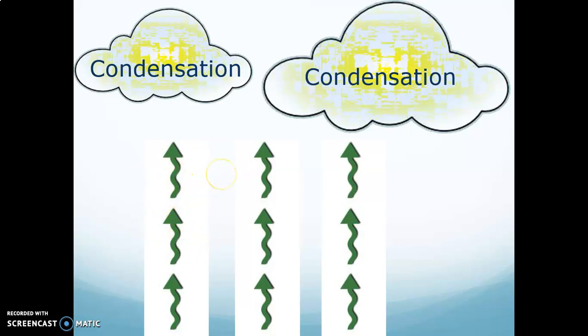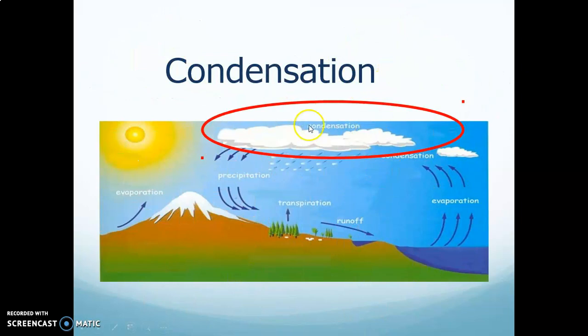When it goes higher and higher to a very cold place in the sky, it transforms into a liquid again. It was a gas and it will become a liquid, and this is called condensation. Condensation happens because the water vapor in the air from evaporation and transpiration of plants goes to a very cold place.